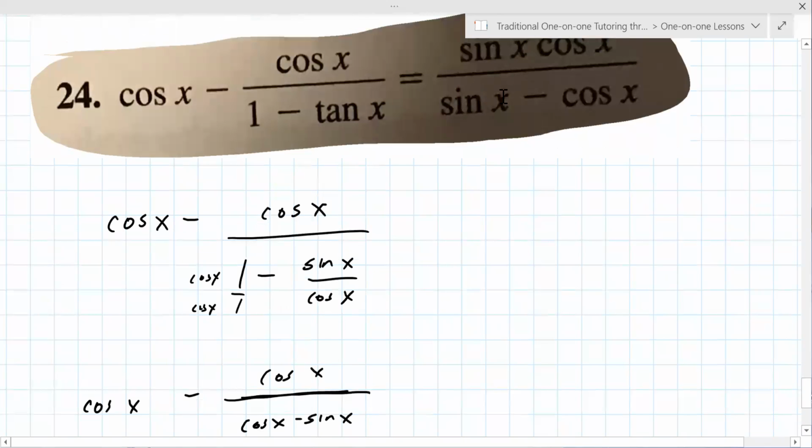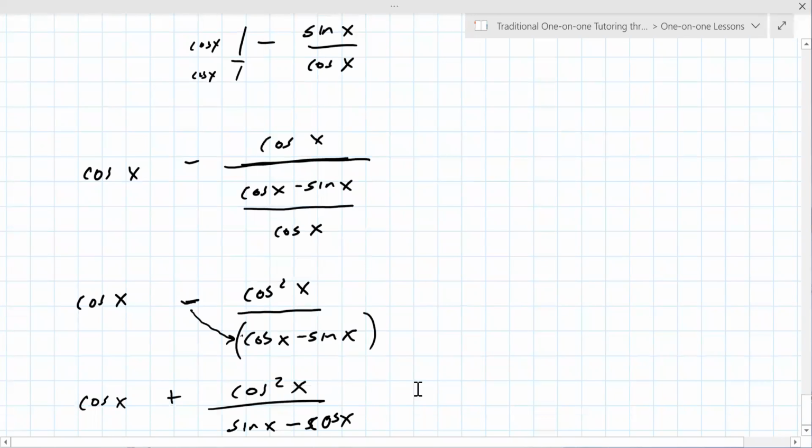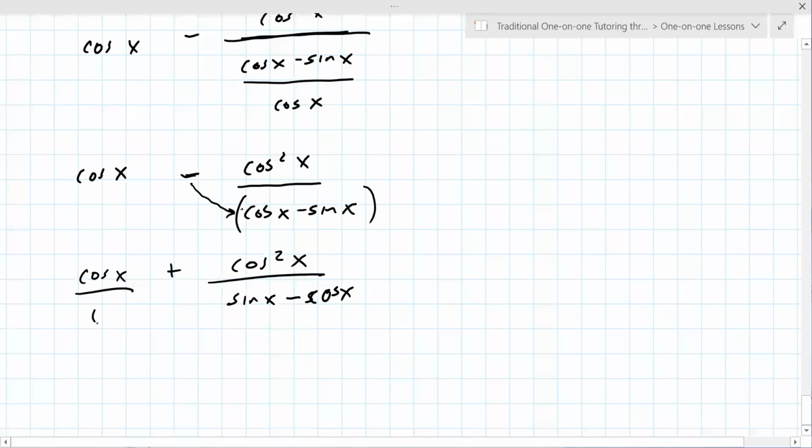That's why you got to know where you're going. You got to know what defense you're playing, or whatever analogy you want to make. I feel like we're on the right track now. Yeah, I feel like we're actually getting somewhere. Whereas before, we weren't. Because the final answer only has one fraction, we're going to multiply this one by sine x minus cosine x, sine x minus cosine x, top and bottom.